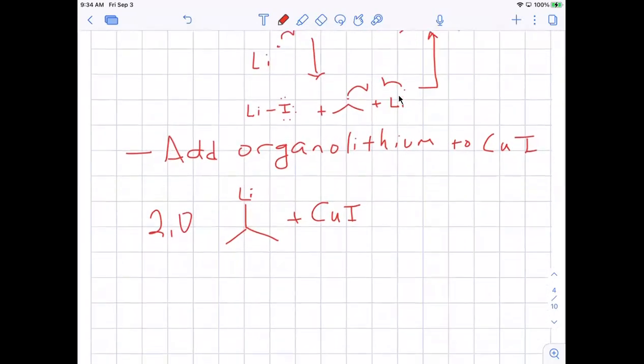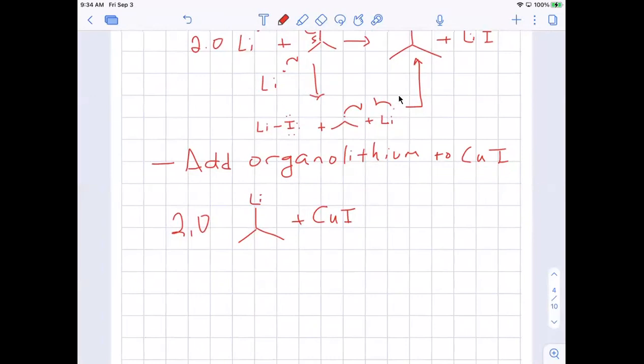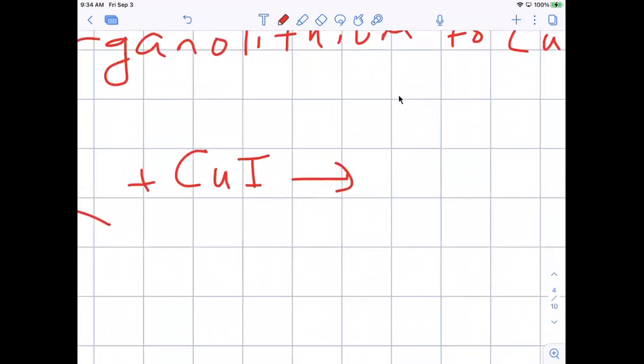When I react those 2 together, I'm going to get out my Gilman reagent. And again, I'm doing this at low temperature, so let's say minus 78 degrees Celsius. And then I'm doing it in an aprotic solvent like ether or THF or DMF or some other solvent like that. I'm doing that on purpose because I do not want to quench my organometallic.